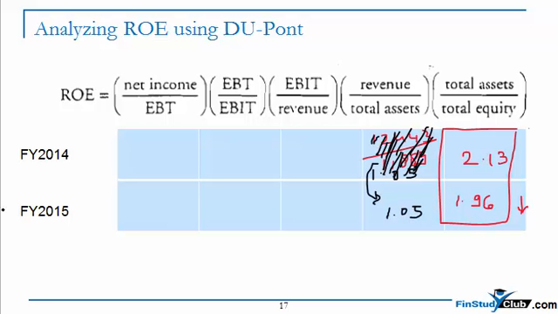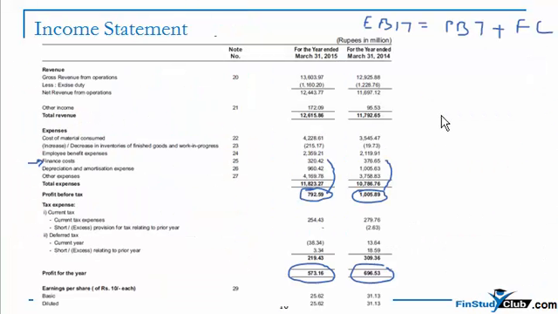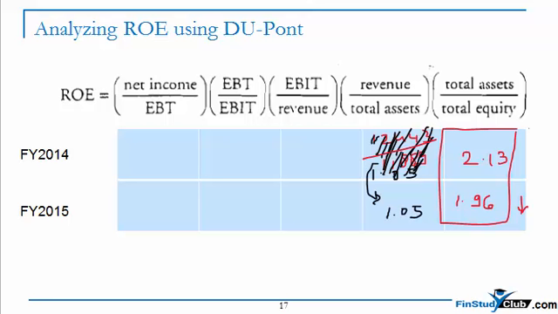Let me tell you what was the number for FY14. Now for FY14, the total assets base is pretty much similar, which is 11936 here. So 11697 divided by 11936 gives 0.98 last year.